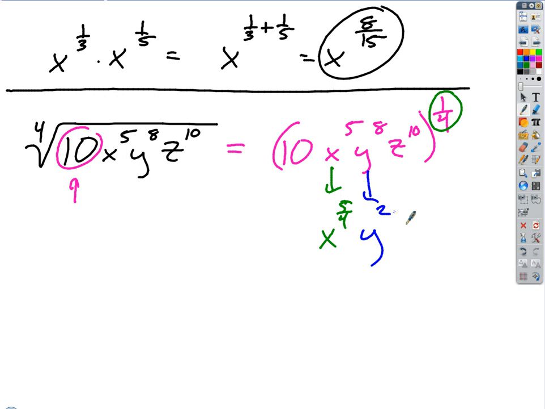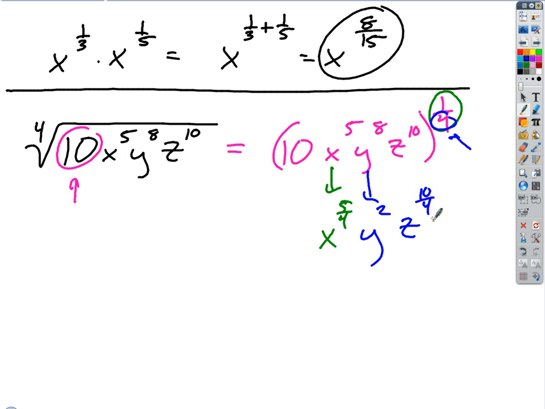And then the z becomes 10 over, well, I'm going to leave it as 10 over 4. We could reduce it further, but I want to leave it in terms of whatever that original index was. So I'm going to write it as 10/4. Now, what does that mean?